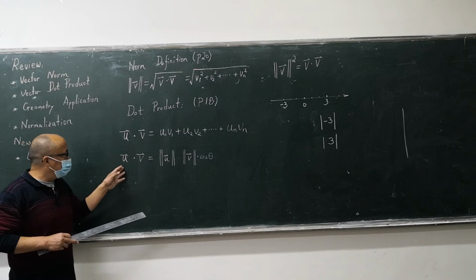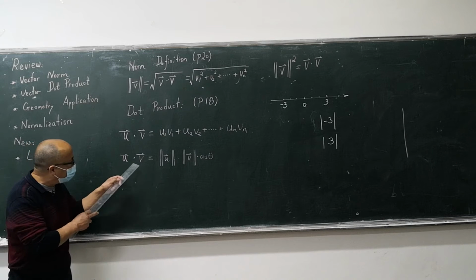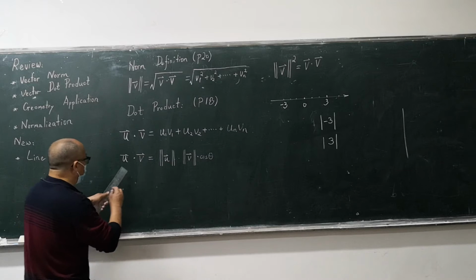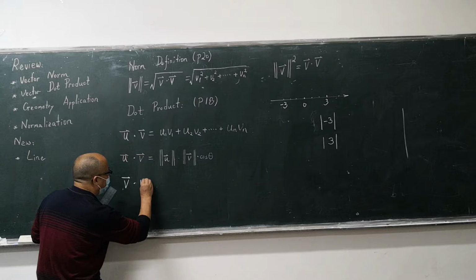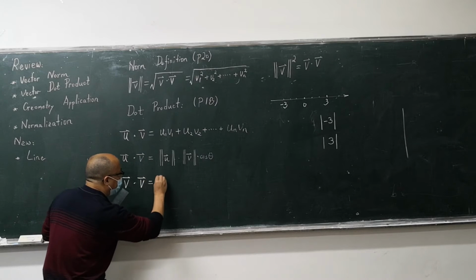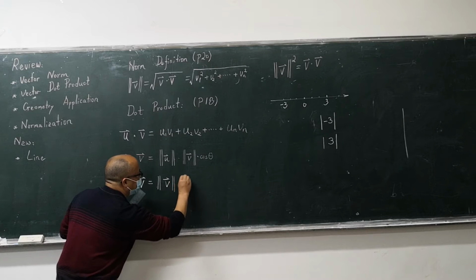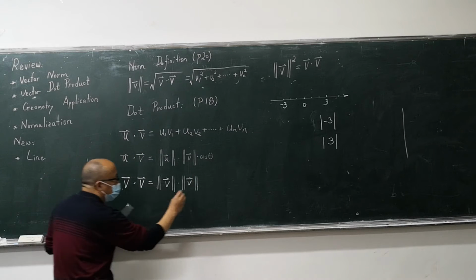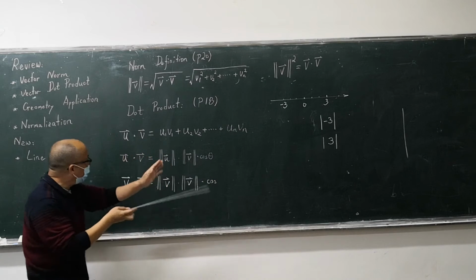Here, if we replace u by v, it's v dot v, equal to the norm of v squared. So here the square comes out. Do you see it? And the cosine, this is the angle between the two vectors.